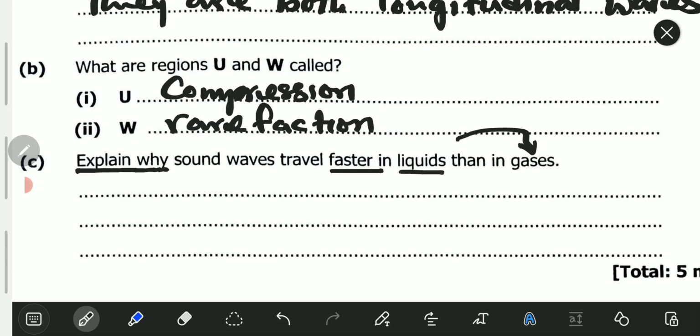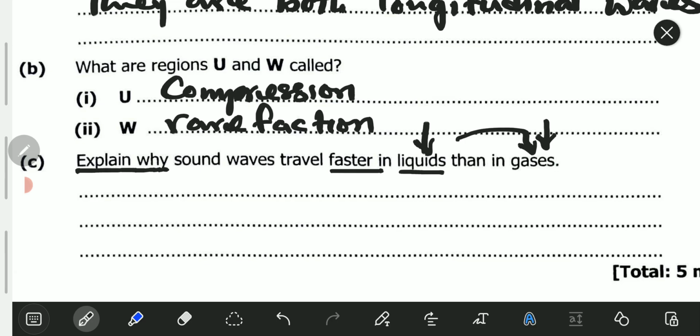The basic principle here is that the closer the particles in that particular medium, the higher the rate at which the wave is transferred from one particle to another. So we need to state that in liquids, the particles are close to each other compared to gases.